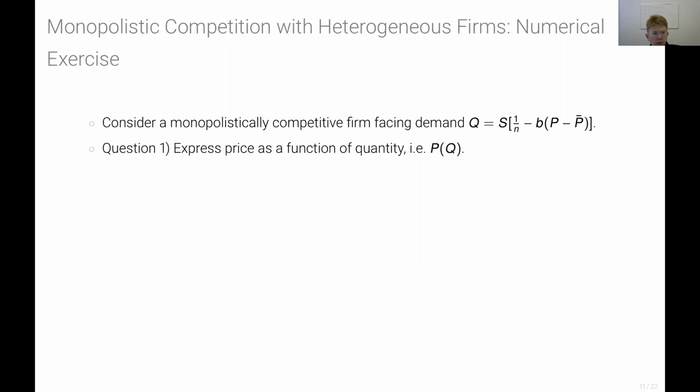And so question 1 is going to be to express price as a function of quantity, P(Q). The first two questions and part of the third are fairly familiar. If you'll recall from section 7, I went through the math assuming that firms weren't homogeneous first, and then went back and filled in the math if they were homogeneous.